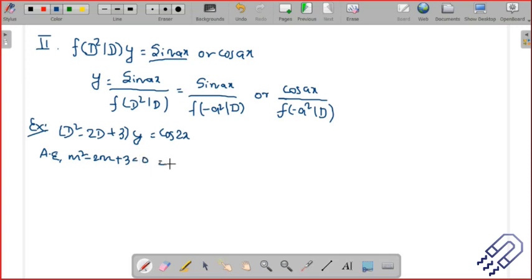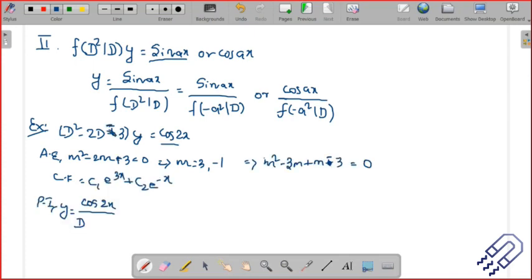So this implies that m is equal to 3 and minus 1. So the complementary function would be nothing but c1 e to the power 3, maybe I just missed out that minus. Anyway, this is okay.